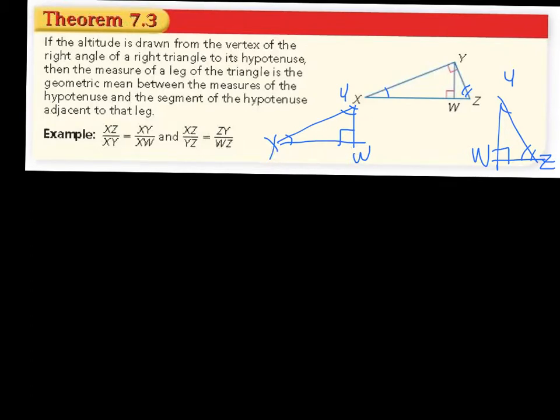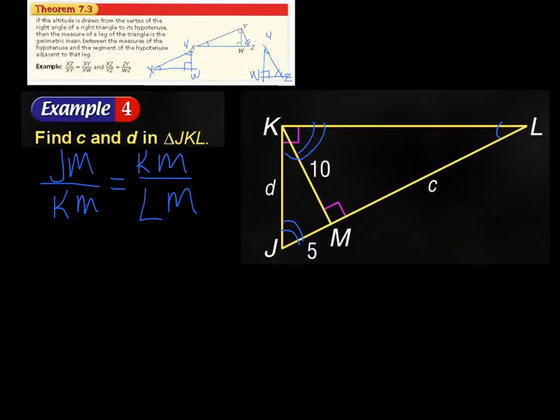And then again, same relationship, XZ is still the hypotenuse in the big triangle, is to YZ, the other leg, the one adjacent to the 2 arc angle in my drawing, as YZ, the hypotenuse in the smaller triangle, is to WZ, the side adjacent to the 2 arc angle of the smaller triangle.